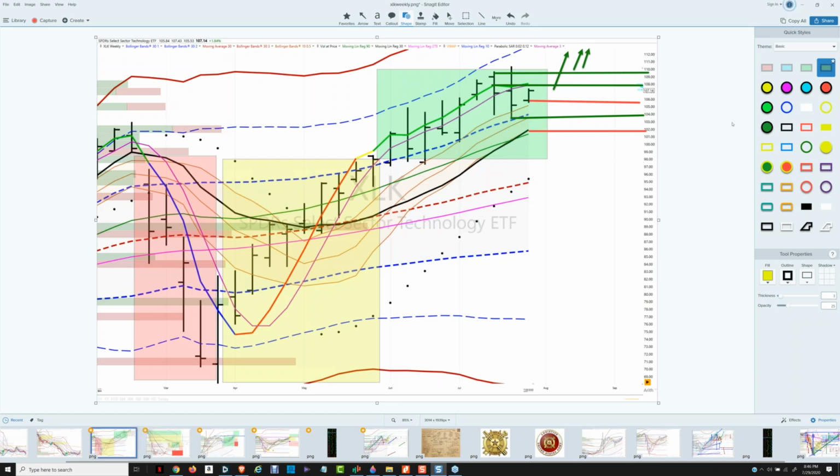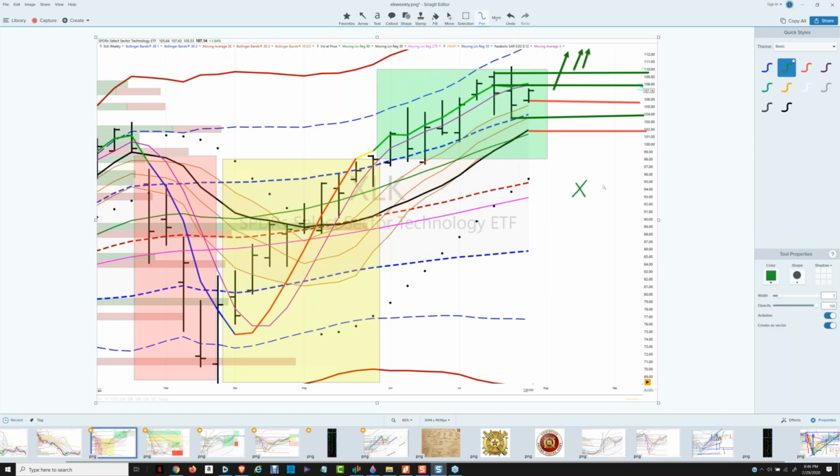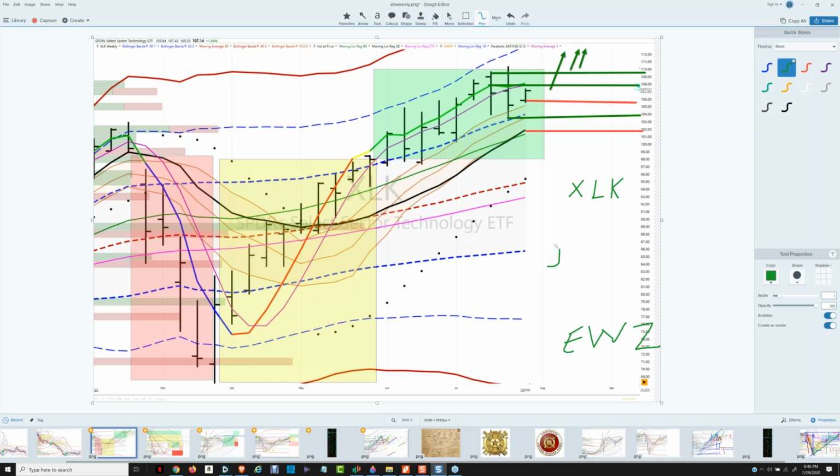So if I was going to put that into a stack, I would say probably XLK is at the top of the stack. EWZ is at the bottom of the stack. And then you could take your pick between SPY versus treasuries.